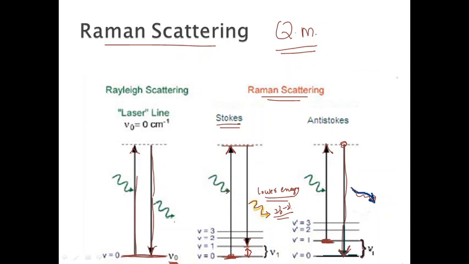So there is a net loss of energy here by the molecule, and that loss of energy is actually gained by the emitted photon. So E0 plus E will be the energy of the emitted photon, and nu0 plus nu will be the frequency of the emitted photon. So this emitted photon will have higher frequency when compared to the incident photon. So that contributes the anti-Stokes lines of the Raman scattering process.